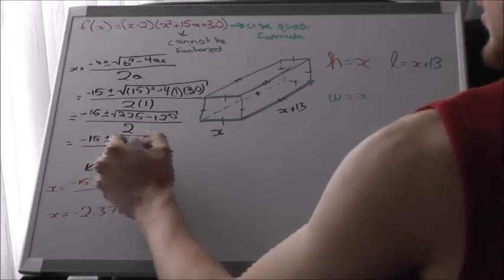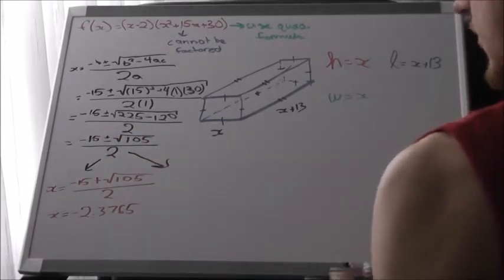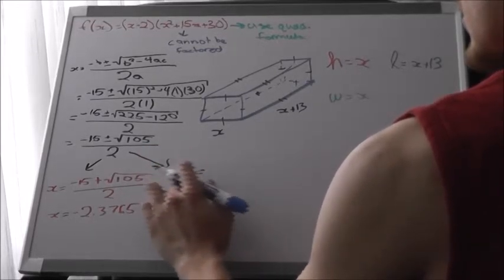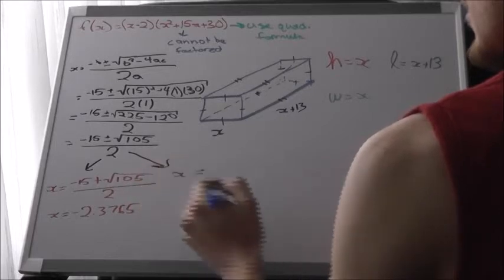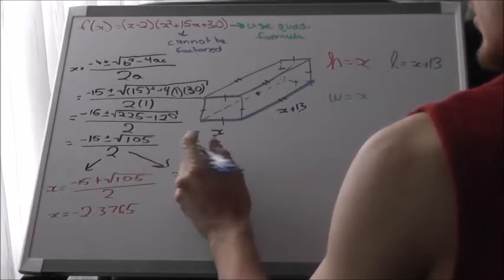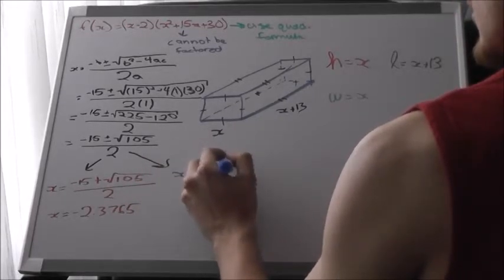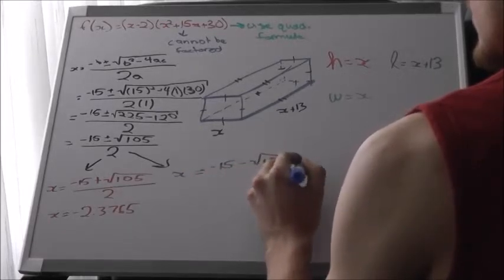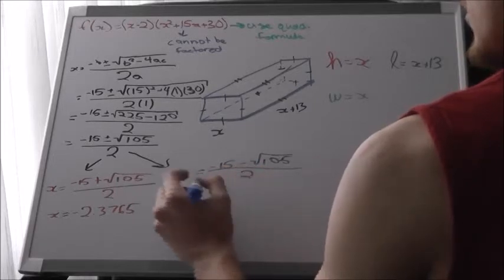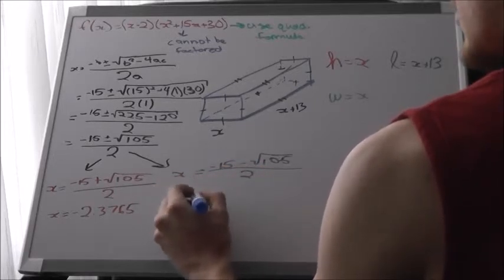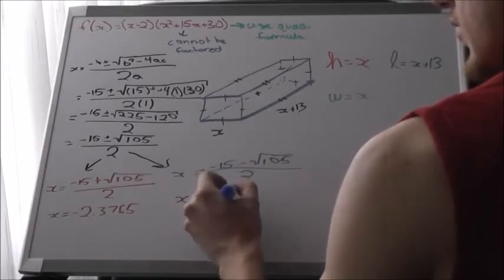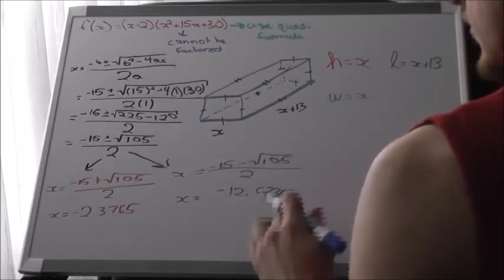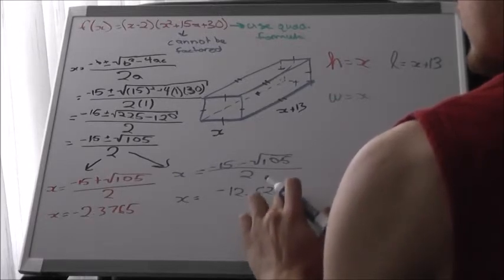So our first line will be x is equal to negative 15 minus the square root of 105 all over 2, or divided by 2, which means x is equal to negative 12.6235 approximately.